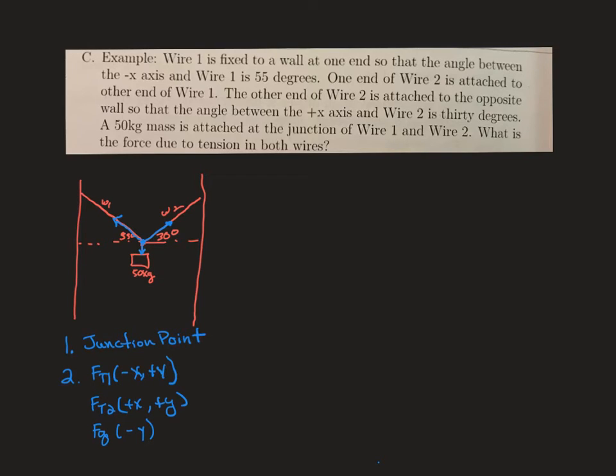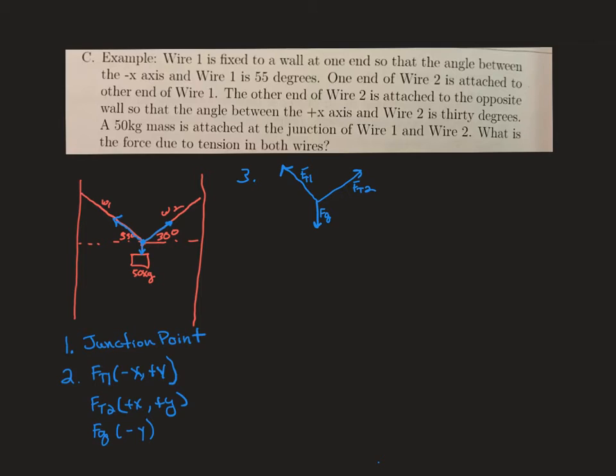Alright, so now we need to draw a free body diagram. It's a little silly, but it allows us to then break down the forces into components. So we have force due to tension 1 up in our second quadrant, force due to tension 2 in the first quadrant, and then the weight of the mass hanging down here.